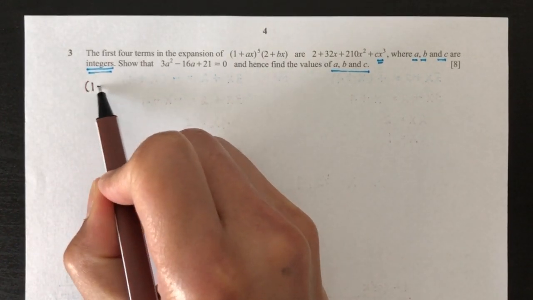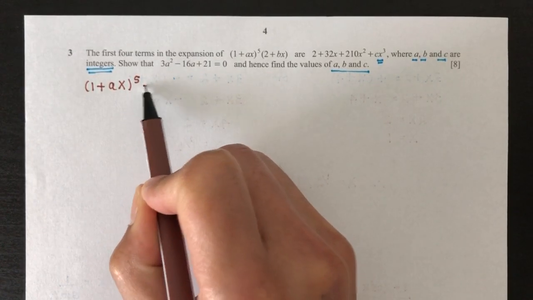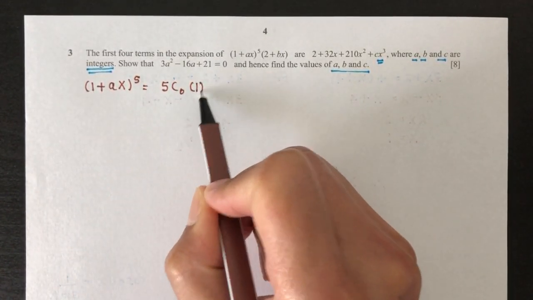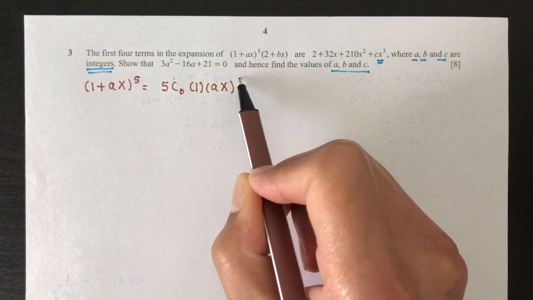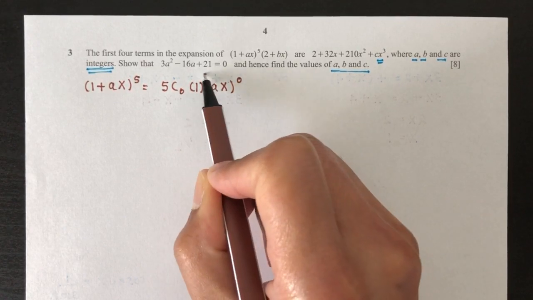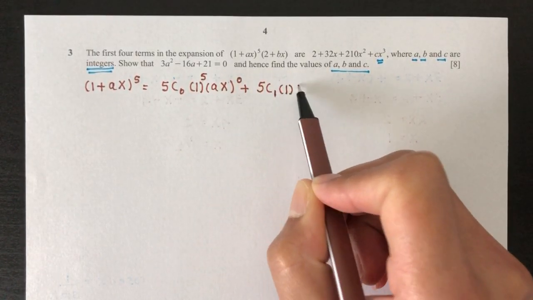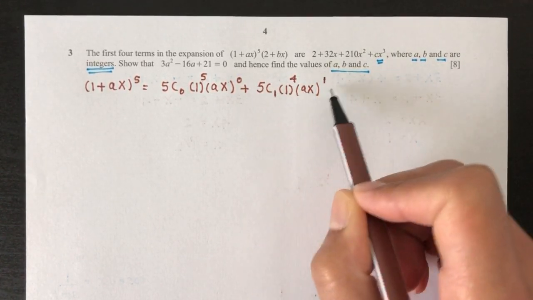What is 1 plus ax to the power 5? So the first term will be 5 choose 0, 1 to the power 5 minus 0, which is 5, times ax to the power 0. Plus second term, 5 choose 1, 1 to the power 4, since 5 minus 1 is 4, times ax to the power 1.